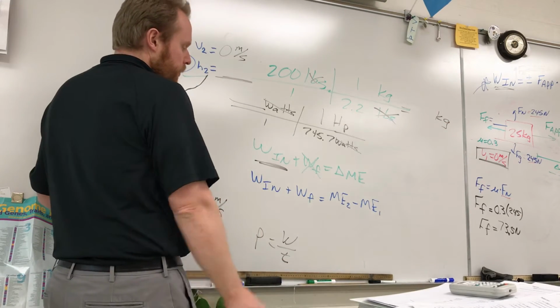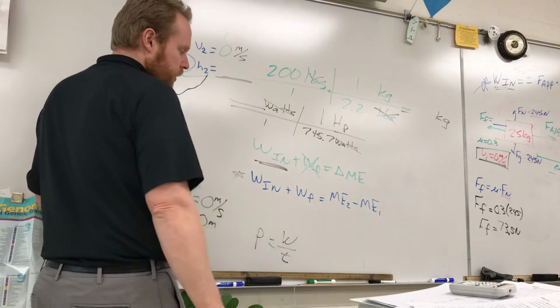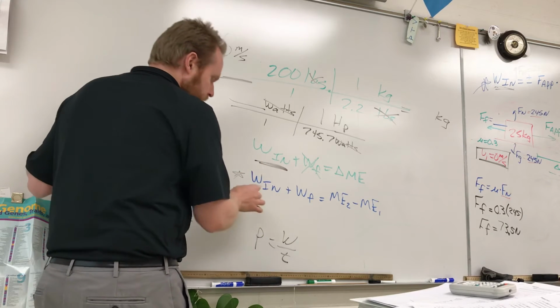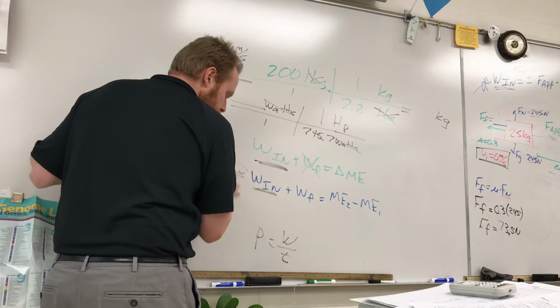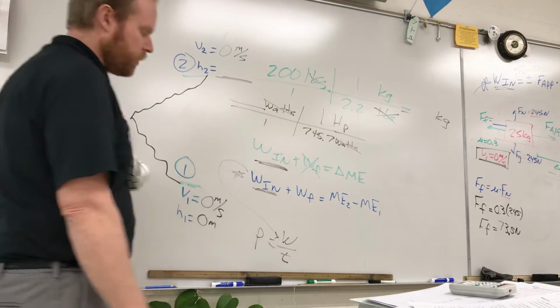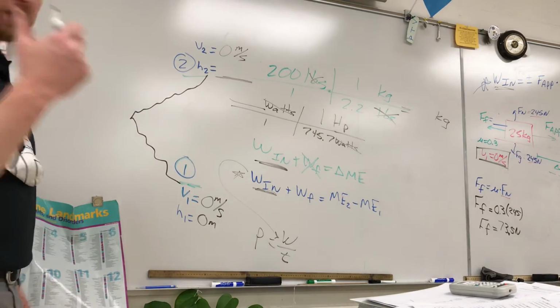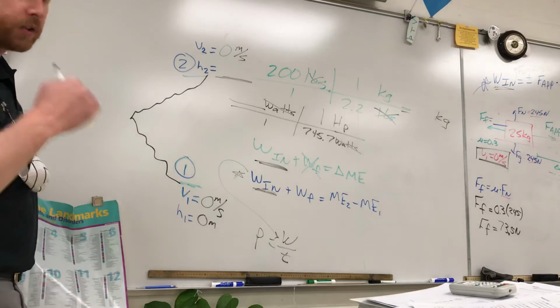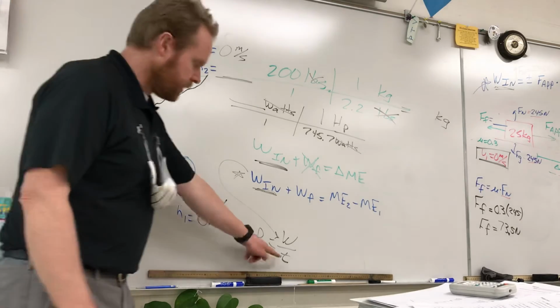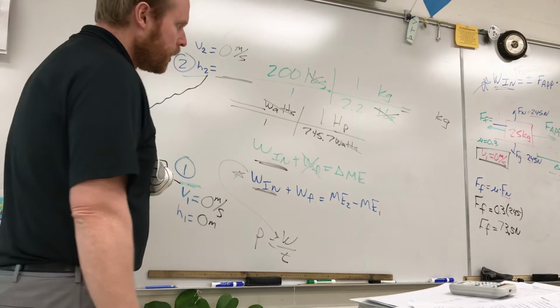And then this is the equation we're going to use. Because once we solve for work in, we can then put it into our power equation, and you will have timed how long it took you to go from the bottom to the top, and that's going to go right there.